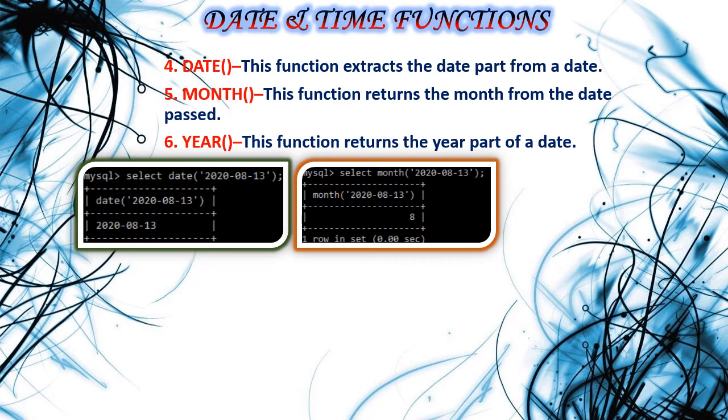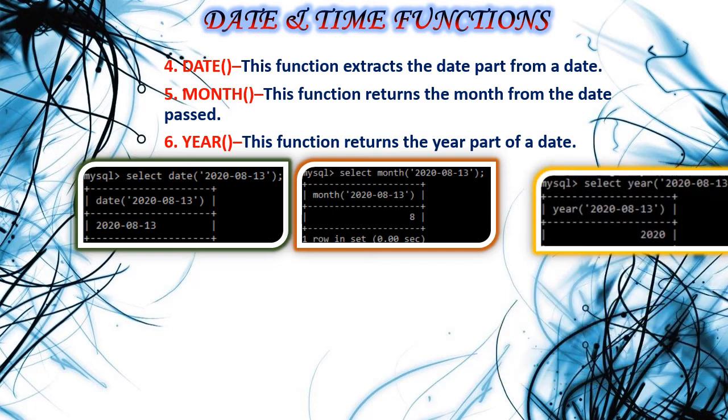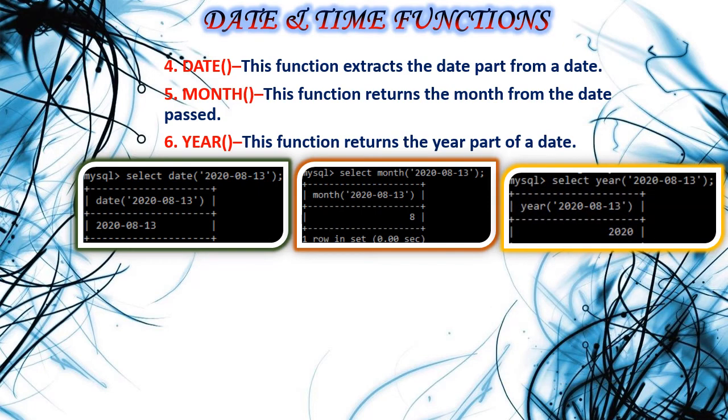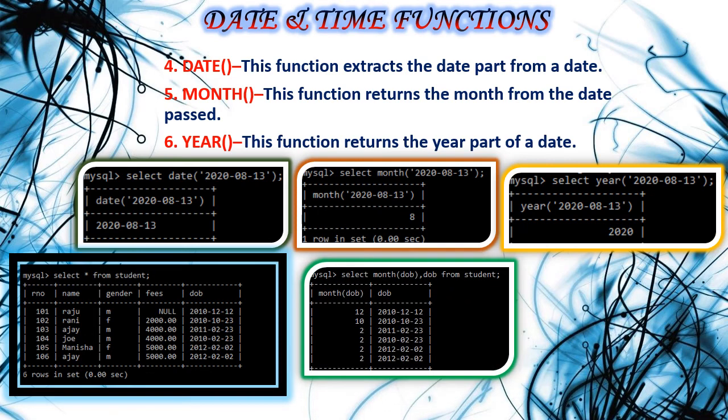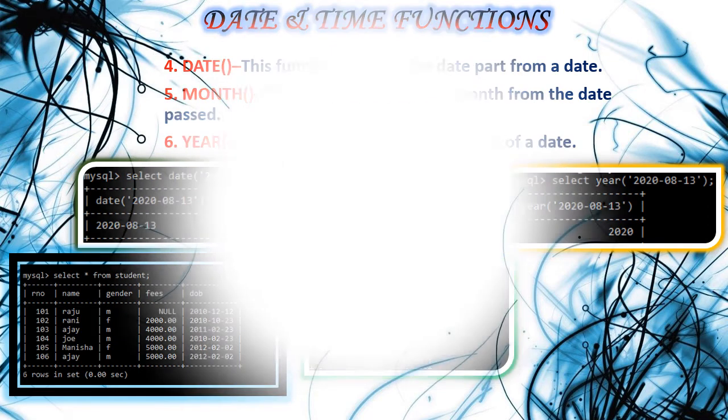The date format is year, month, day, so month gives 8, which is displayed, and year gives 2020, extracted from the given date. Likewise, in the student table also we can use it. I am taking the month of the date of birth, so from the date of birth column just the month alone is extracted and displayed.